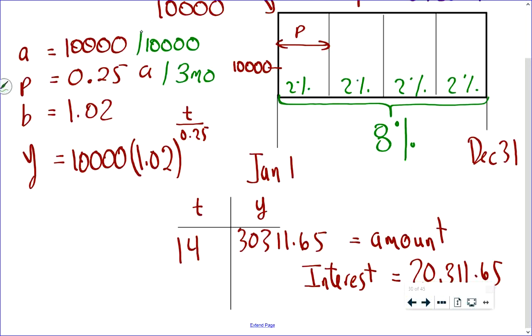Yes, I could have done that. My equation would have been y equals 10,000 times 1.02 raised to the t over 3. But I wouldn't put 14 in for t. What would I put in for t?